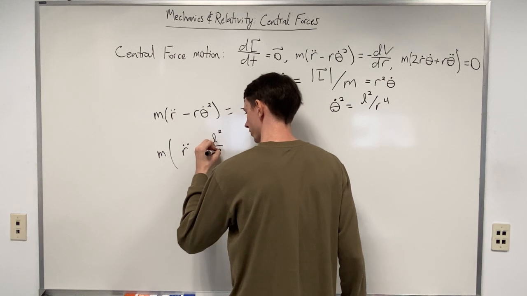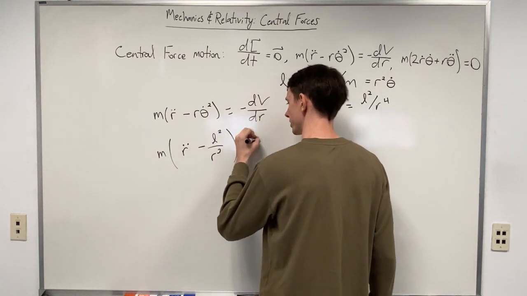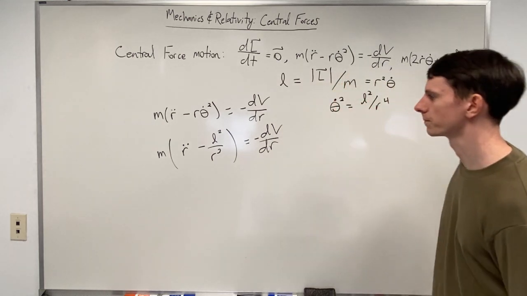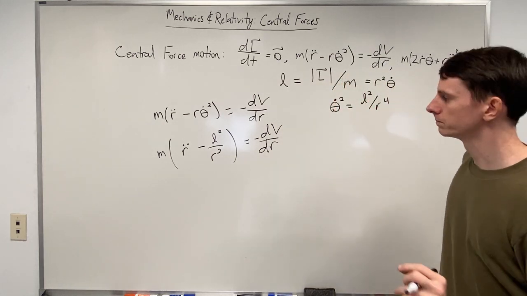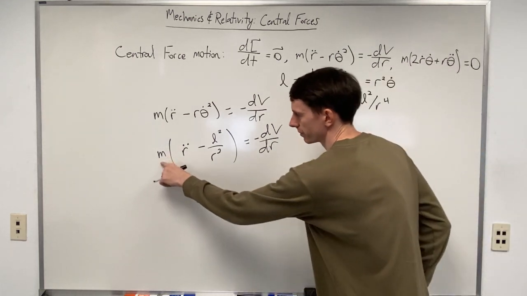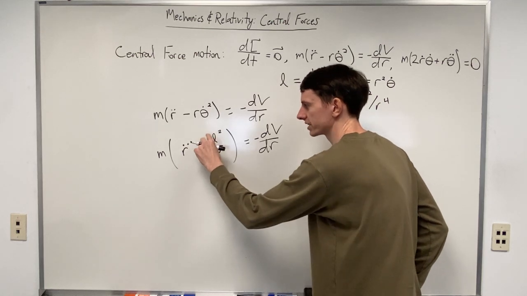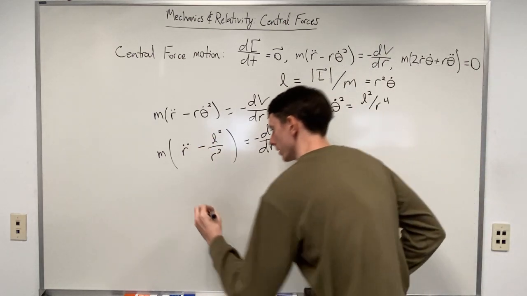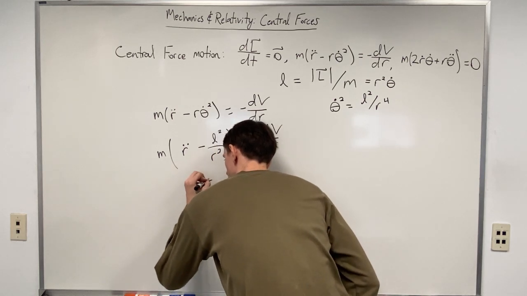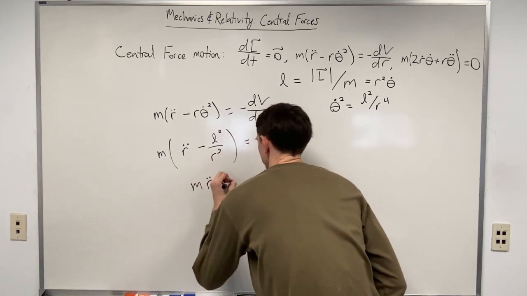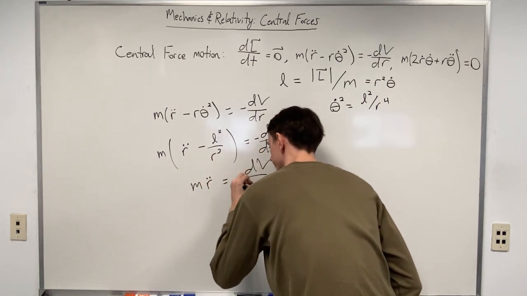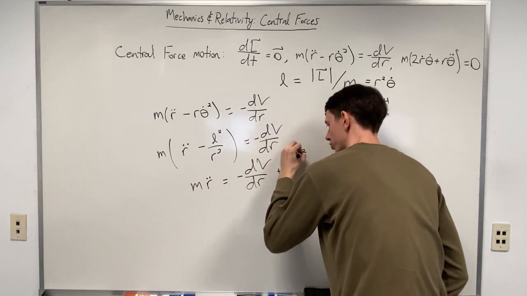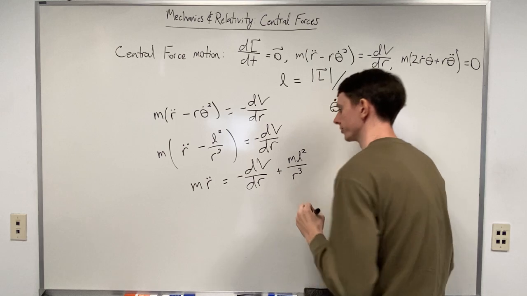So m times L squared over r cubed equals negative dV dr, like this. And what we can do now is distribute the mass into both of these terms and add this L squared over r cubed factor over to the other side. If we do that, we're going to get m times r double dot equals negative dV dr plus m L squared over r cubed.